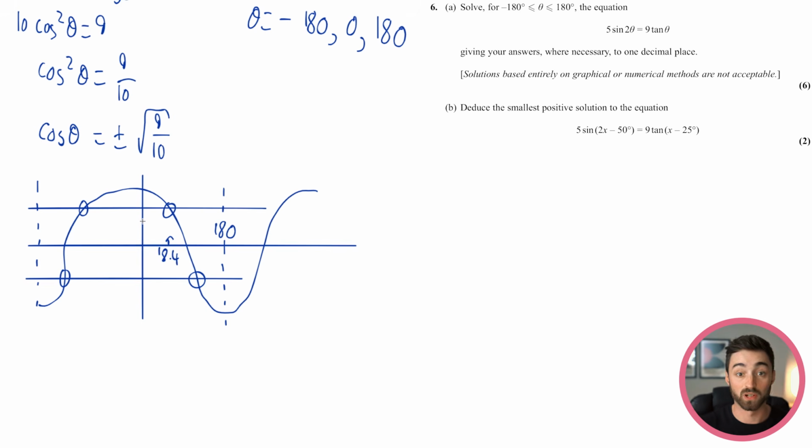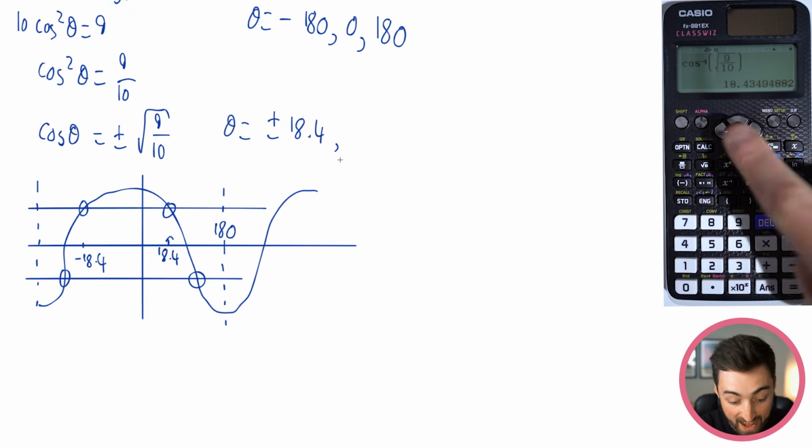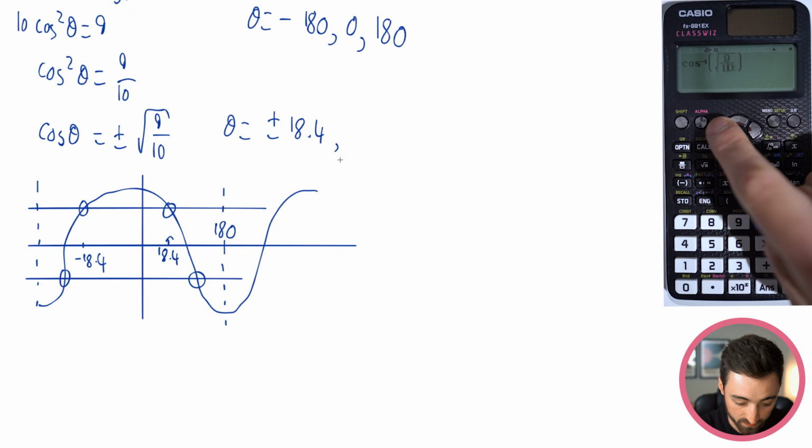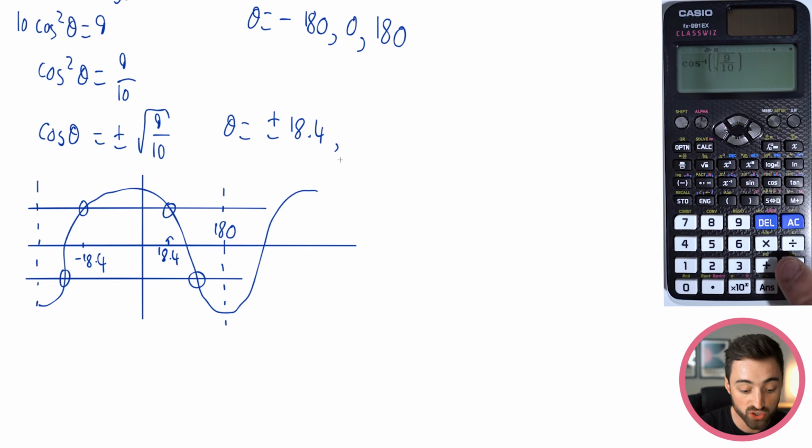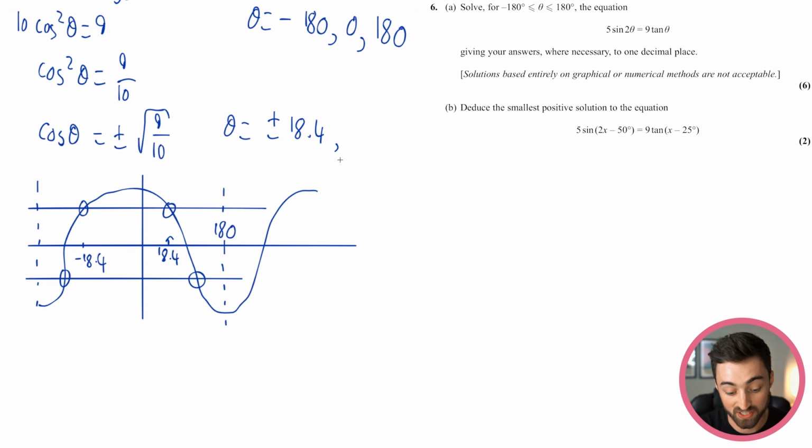So then I ask myself, well, what are the other ones? So for cos, because this is an even function, that means this thing here is just going to be minus 18.4. So I'm going to get plus minus 18.4 for there. And then the next one, if I do the inverse cos of negative all of that stuff, I'm going to get 161, and then rounding that, I'm going to get 0.6.